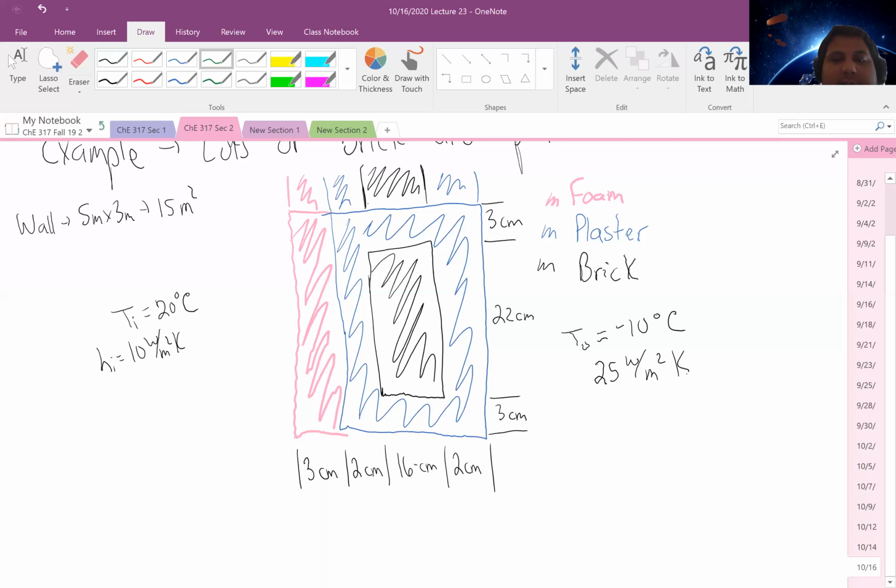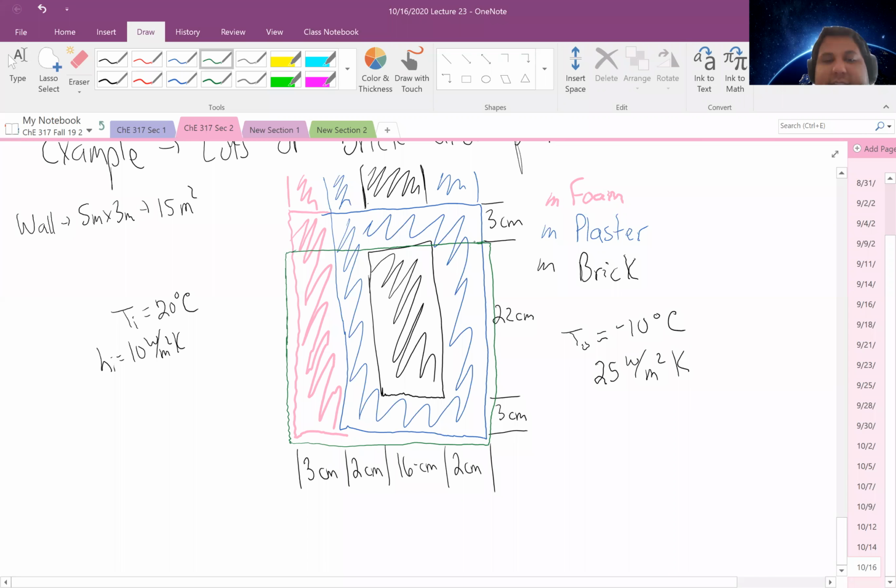And so for this wall, that slice would be essentially here. And so I would draw my boundary for my system kind of like this. And say if I found the heat transfer rate here, I can just scale it up based on that slice over the total area.